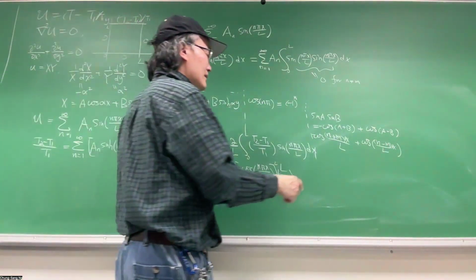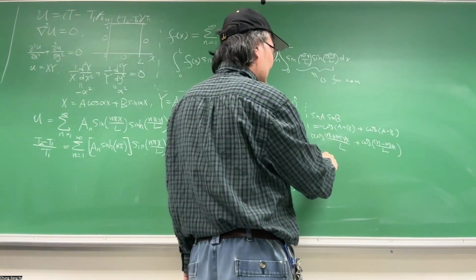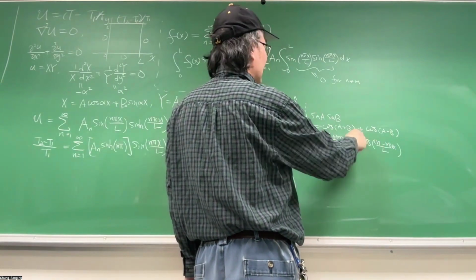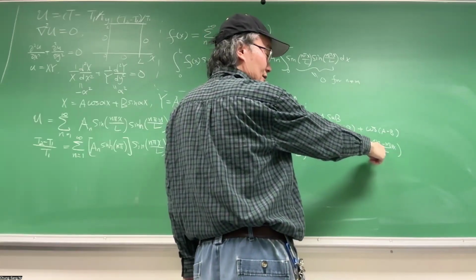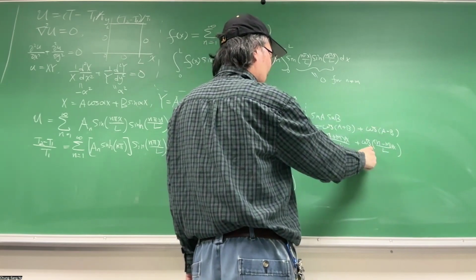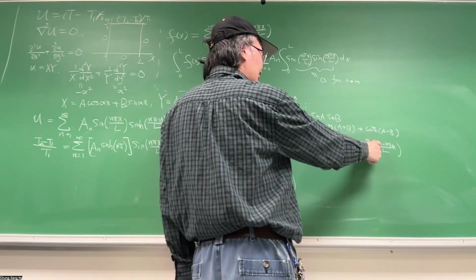This is assuming n does not equal m, so that would be 0 because after you do the integral you get a sine out.